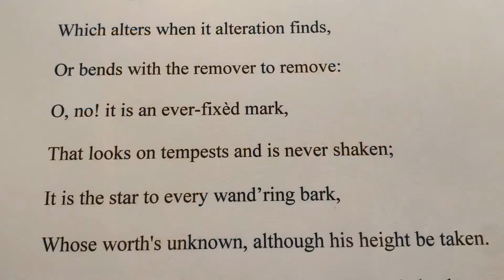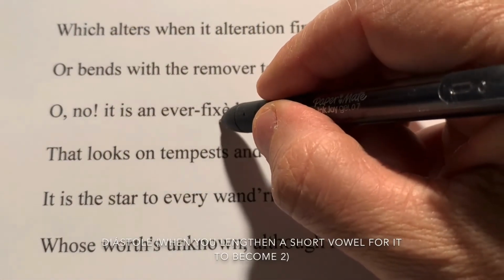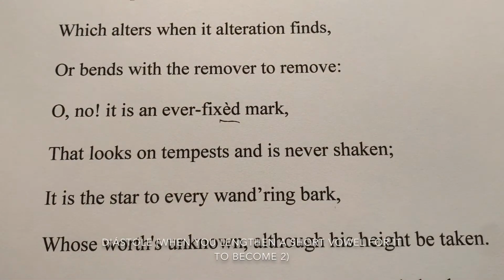Here's another example of a metaplasm. The diastole. It's an example where a short vowel is lengthened into a long vowel so as to add an extra syllable. Oh no, it is an ever fixed mark. That "fixed", that "ed" adds another syllable.